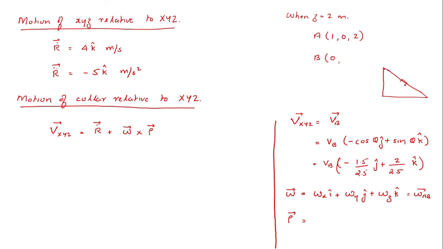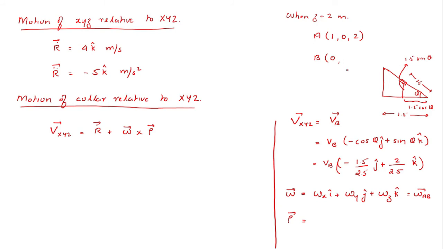You have the collar here. This length is 1.5 meters and this is theta. So this corresponding length will be 1.5 cos theta. The total length is also 1.5 meters and this corresponding length will be 1.5 sin theta.